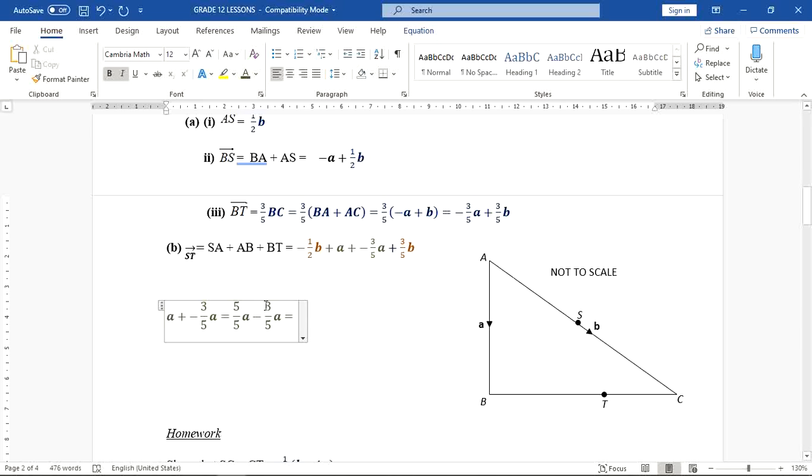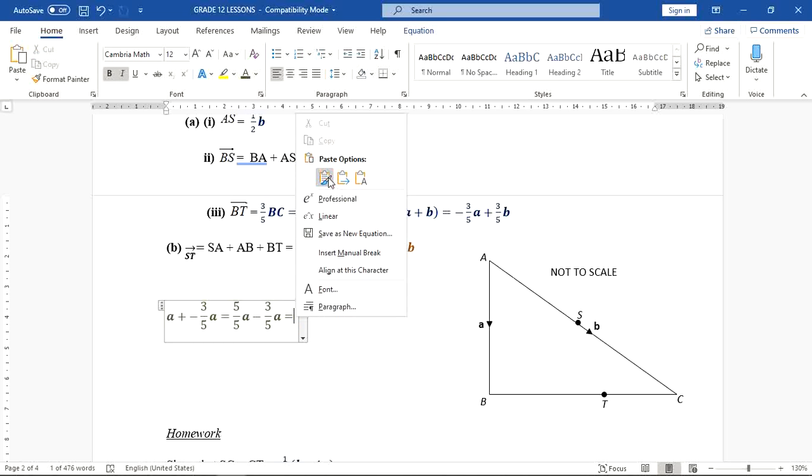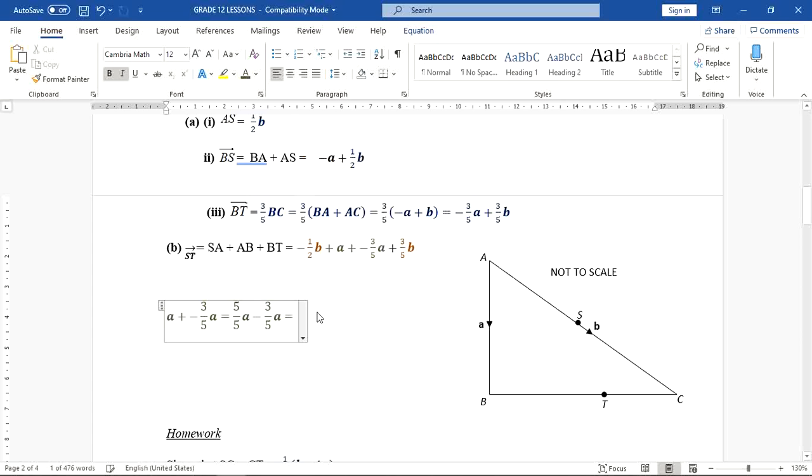Now that the denominators are the same, all we need to do is to deal with the numerators. That is basic algebraic, fraction manipulations. So that's the answer. So 1a plus 1a minus 3 over 5a will give us 2 over 5a.